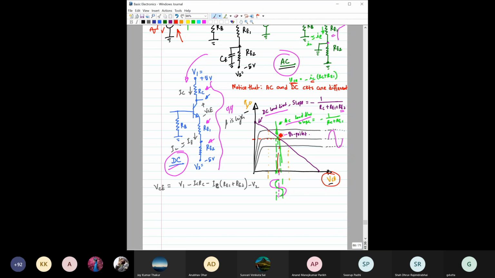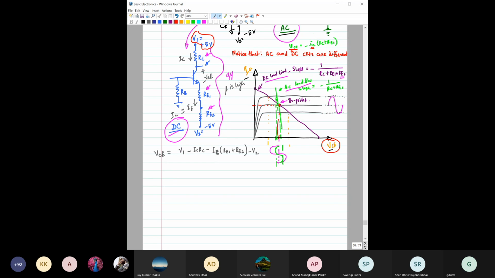The DC one is only valid when you are operating in the DC circuit. Meaning if you now change, suppose, the battery V1 to a different value, then this DC load line will change, then the Q point will change. Then that Q point would be the origin for this AC load line. Then plot the AC load line and find the gain.